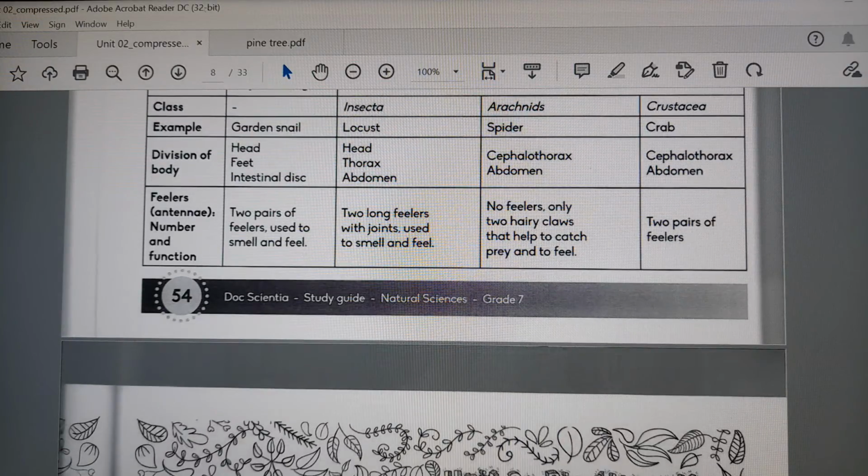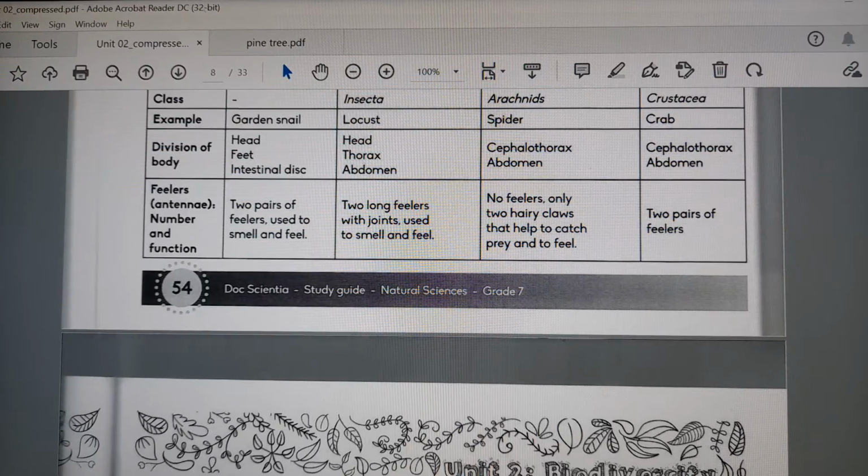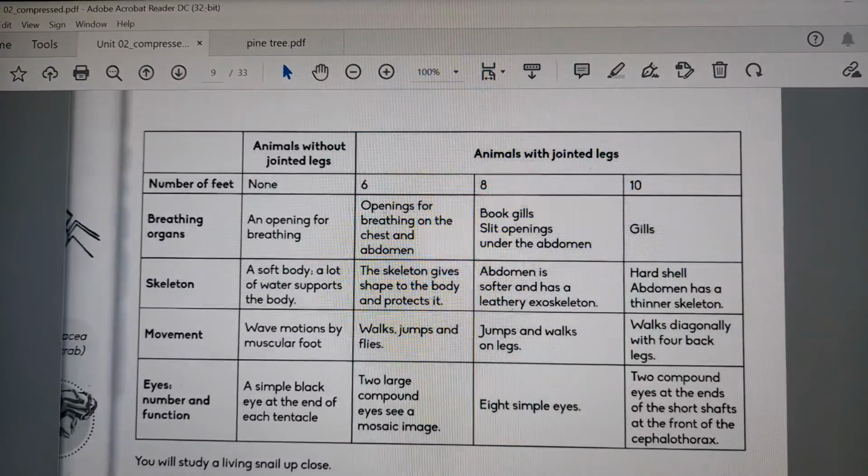The locust has a body divided into head, thorax, and abdomen. It has two long feelers with joints used to smell and feel. For breathing organs, it has an opening for breathing on the chest and abdomen, and the skeleton gives the shape of the body and protects it.